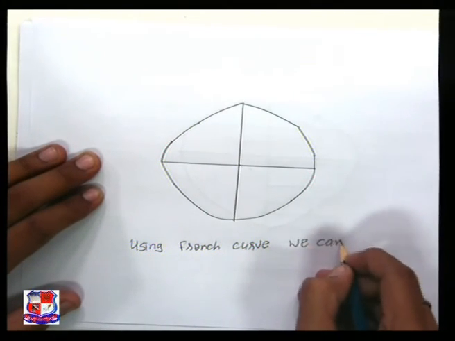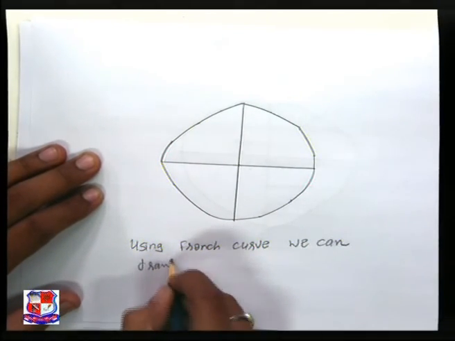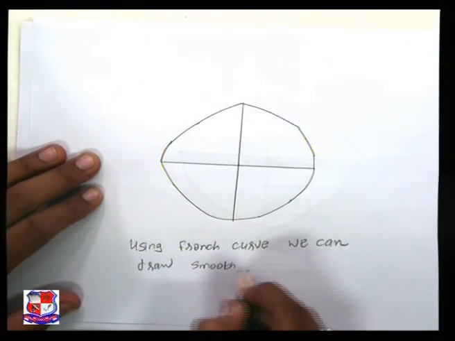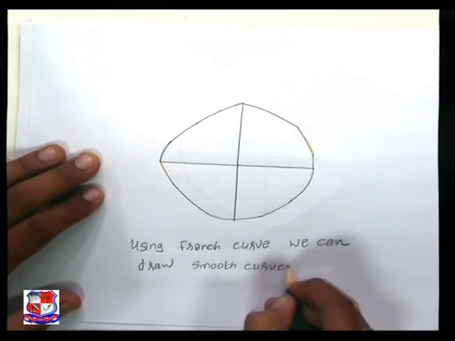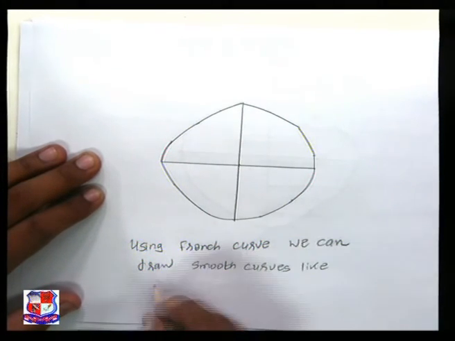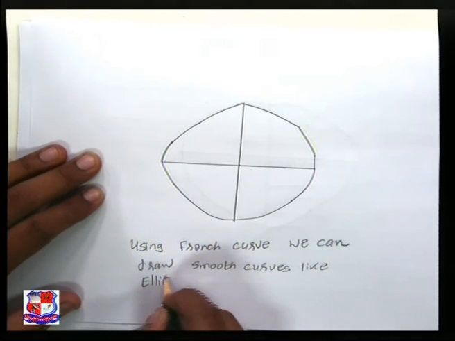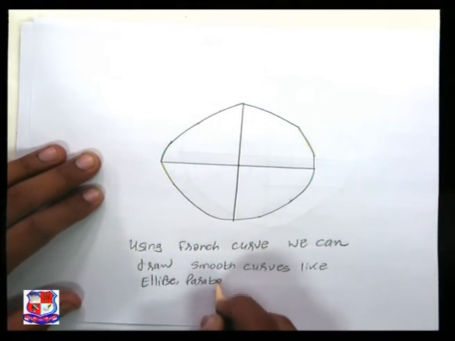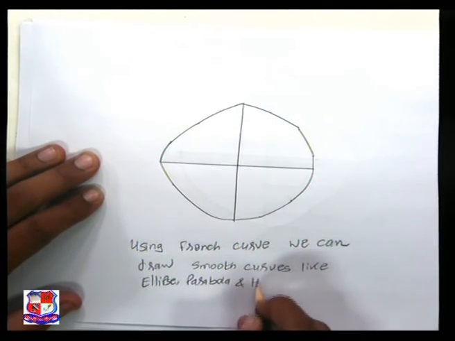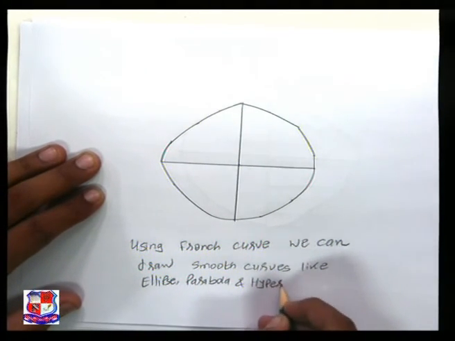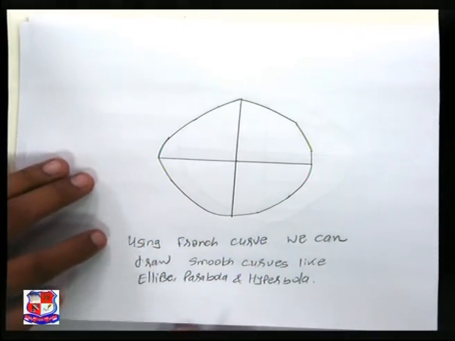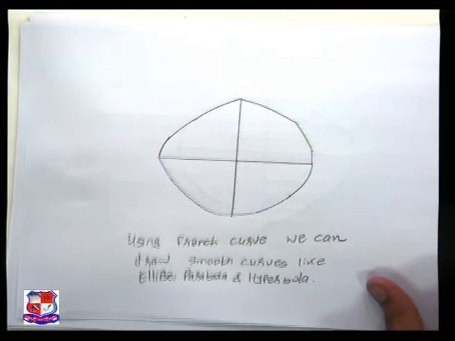Using the French curve, we can draw smooth curves like ellipse, parabola and hyperbola. So this can be an ideal answer. Now let's have a look at the next question.